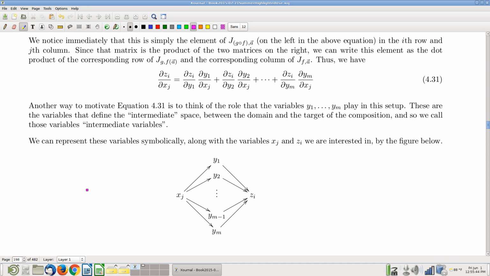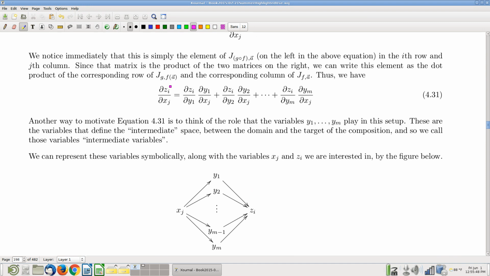Now, if I'm interested in the partial derivative of zi with respect to xj, zi is going to be one of those outputs, xj is one of these inputs. The partial derivative says all these other variables over here I'm going to treat as being constants. I'm going to treat all the other x variables as constants.